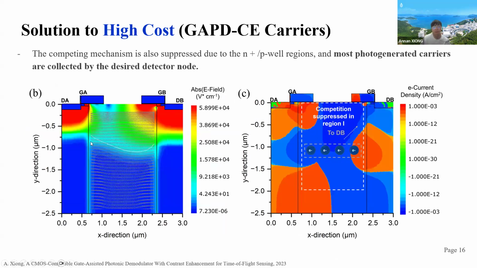If we zoom in on the electric field and charge transfer and plot out the lateral current of this structure, we could see that the competing mechanism for GA and GB is clearly suppressed due to the N plus PVL region and also the gate. Most of the photogenerated electrons are collected by our desired detector node. In this figure, the blue one is the direction we want.